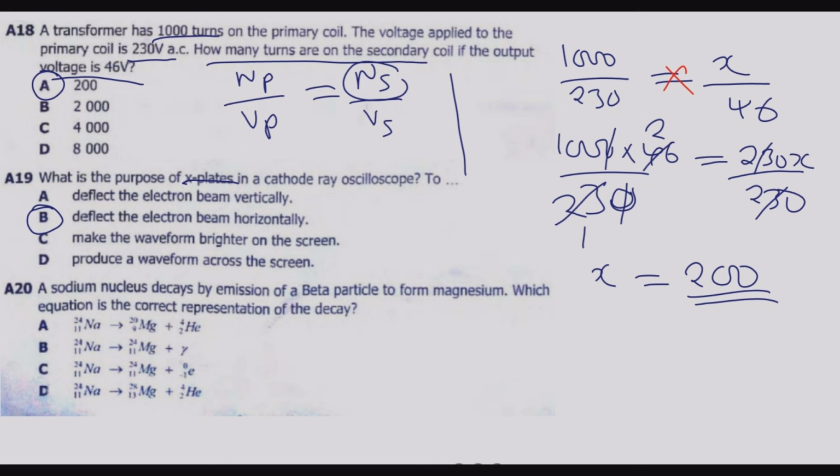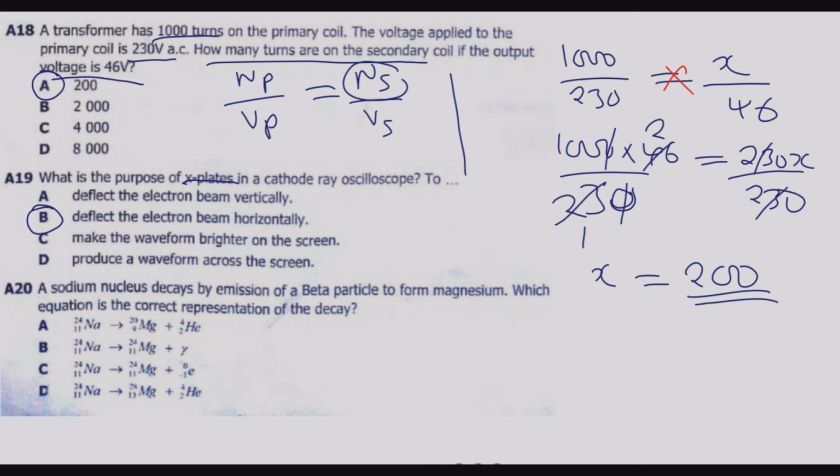Number 20, a sodium nucleus decays by emission of a beta particle to form magnesium. Which equation is the correct representation of the decay? So as sodium has 24 as nucleon number, then proton number is 11.